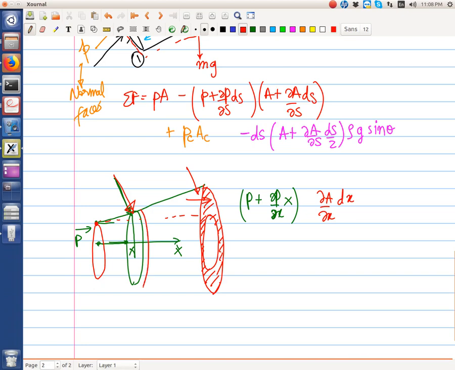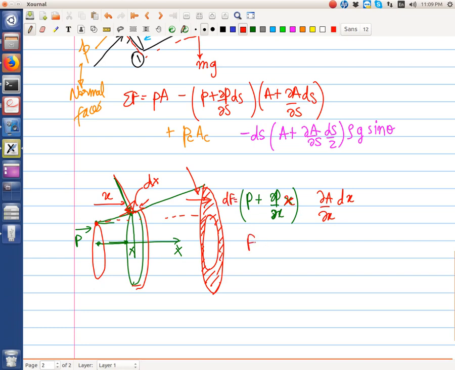So that will be equal to del A del X times dx. This is dx, this is x. So P is P plus del P del x times x, and the area on which it acts is del A del x times dx. So this is a dF.